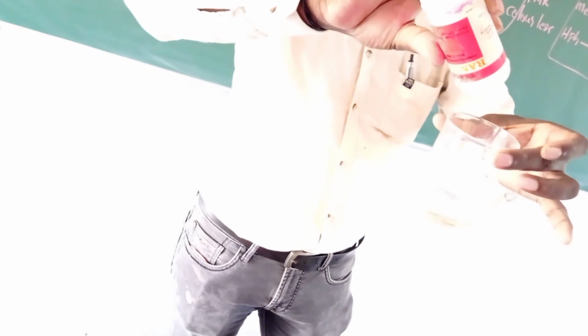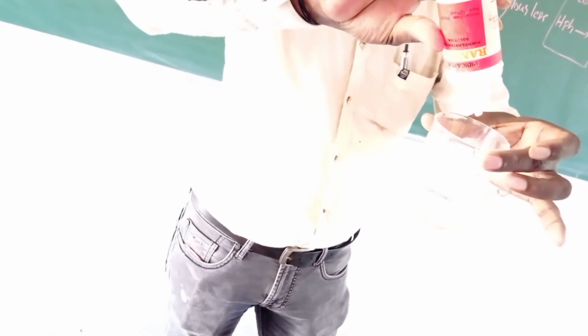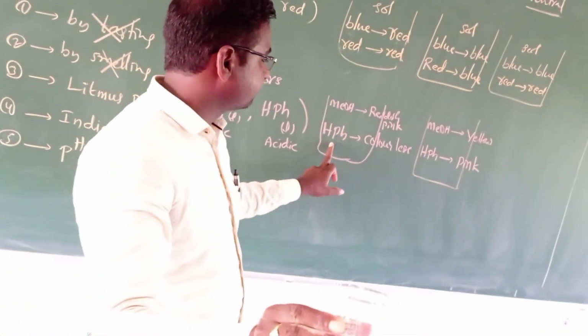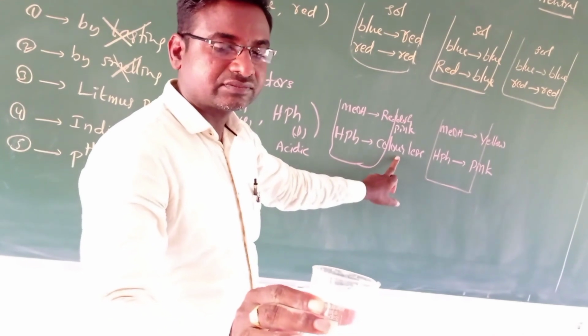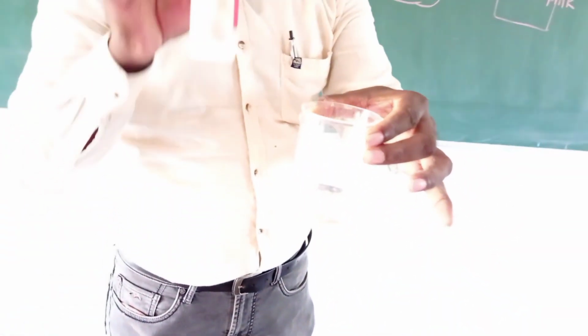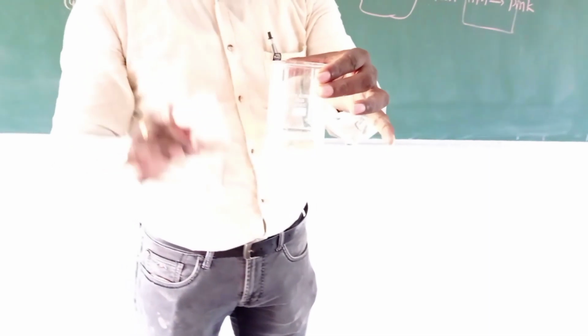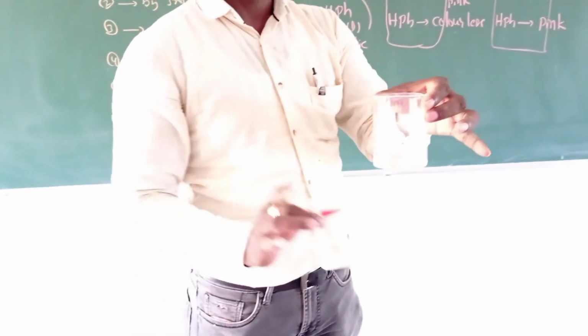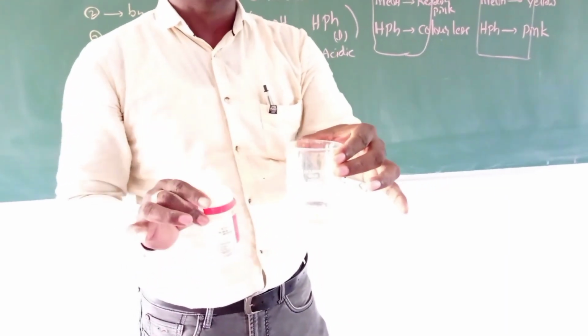Phenolphthalein in acidic medium, see, colorless. So phenolphthalein won't change its color. So like this, with the help of phenolphthalein indicator, we can identify acids and bases by observing their colors.